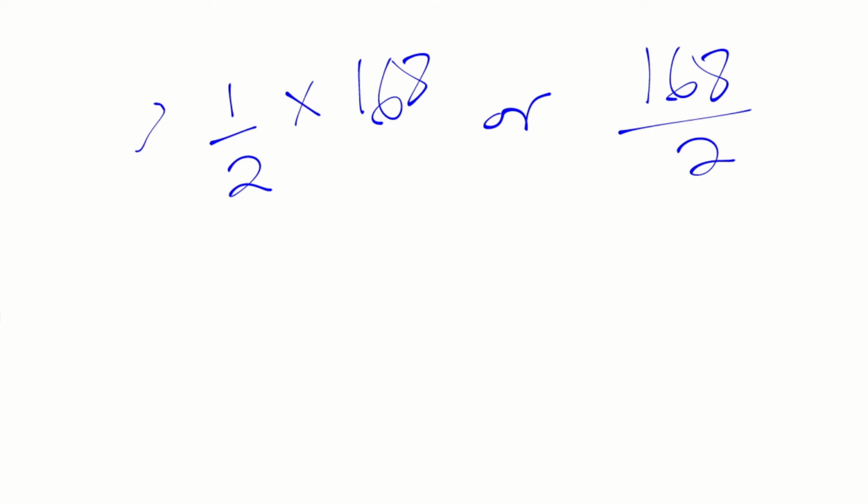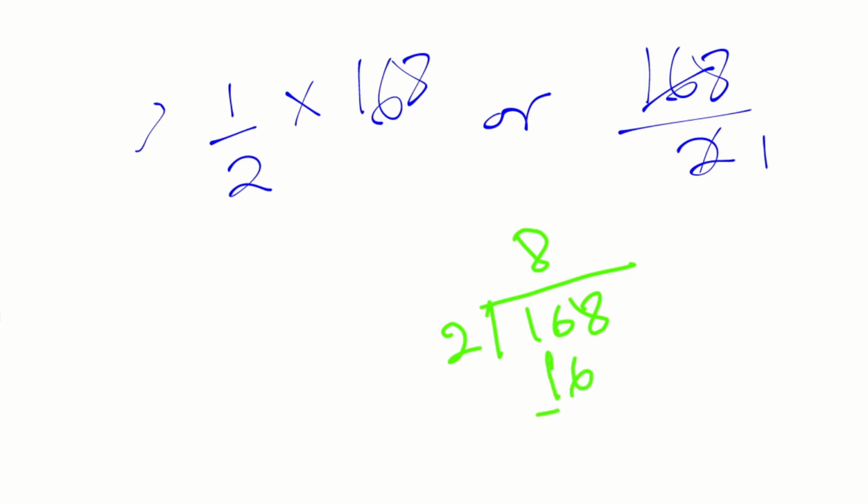Let's do the long division. 168 and then 2. 2 goes into 16, 8. 2 multiplied by 8, 16. 2 goes into 8, 4. 2 multiplied by 4, 8. And so 168 divided by 2 gives us 84.